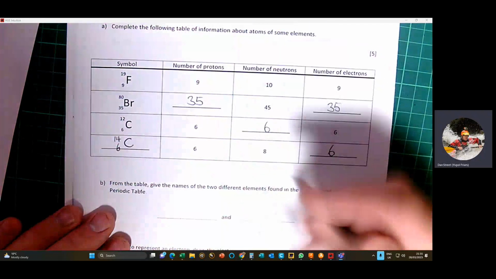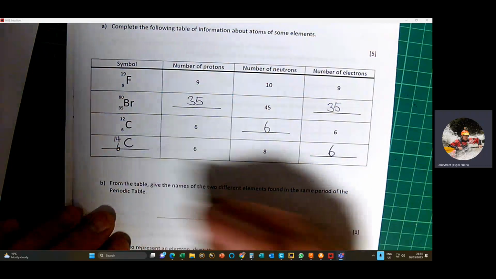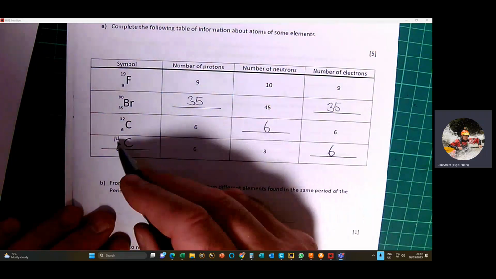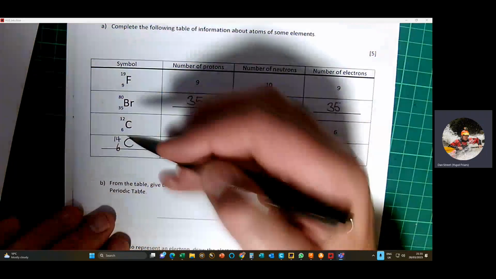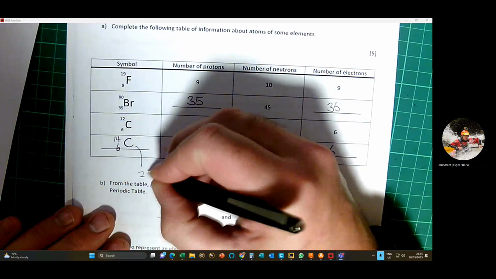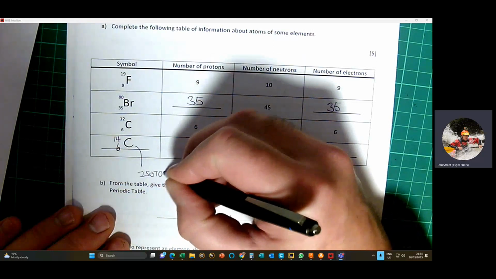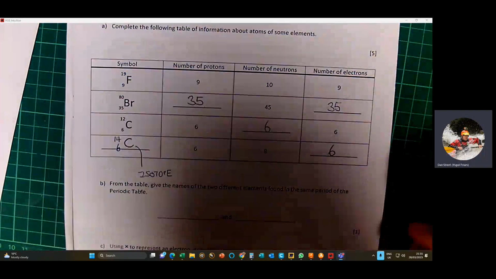Where in the other questions we took the atomic number away from the atomic mass to get the number of neutrons, here we know the number of neutrons, so we need to add them to the number of protons to get the atomic mass. So that is an isotope of carbon. And an isotope is an atom with the same number of protons but a different number of neutrons.